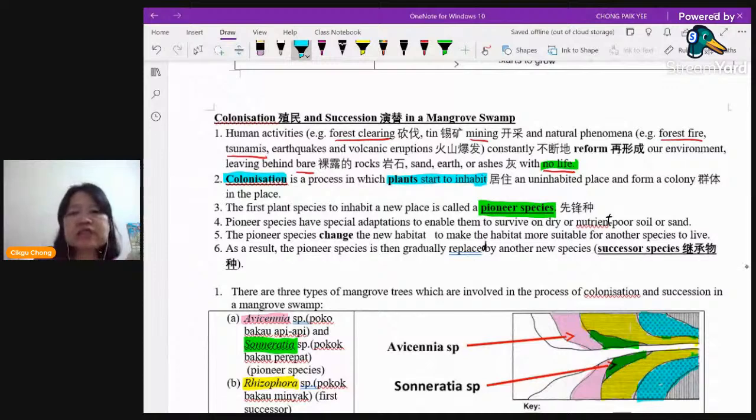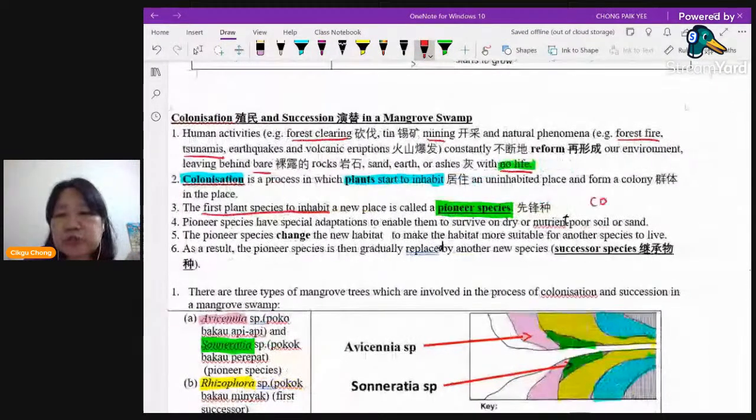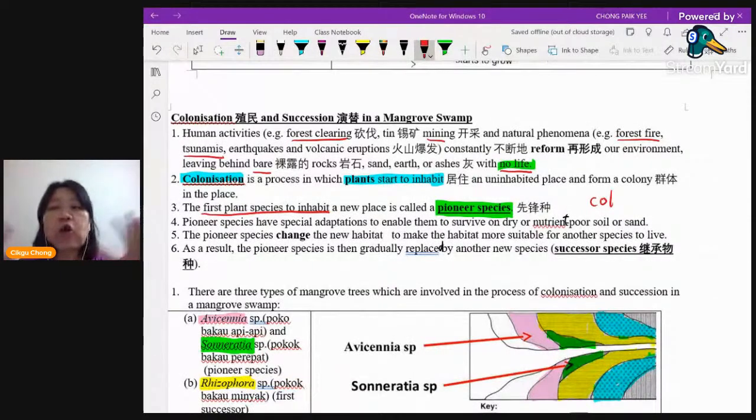So the first plant species to occupy that place is called a pioneer species, and the process is called colonization. Colonization means you take hold of the whole place, you take over the place by yourself. So colonization is a process of taking over and staying there.